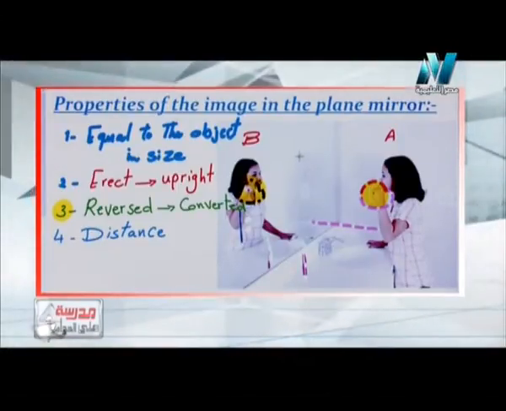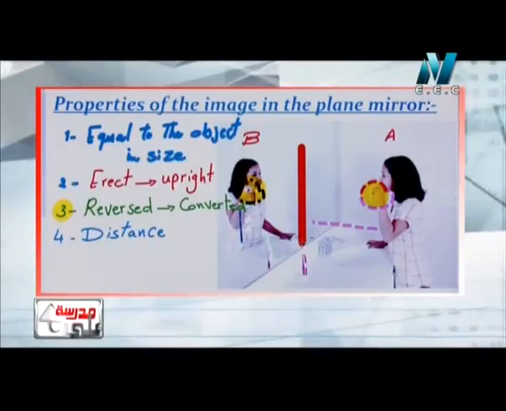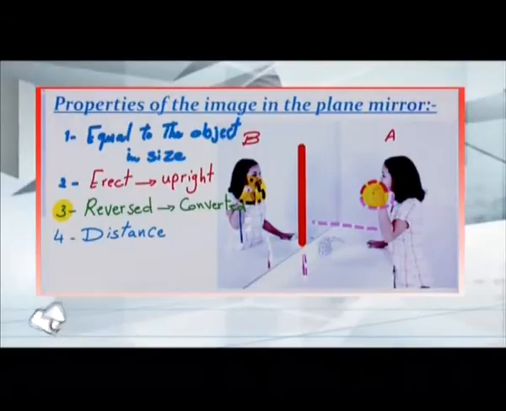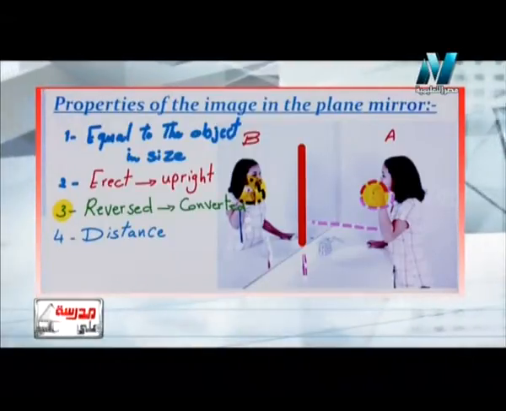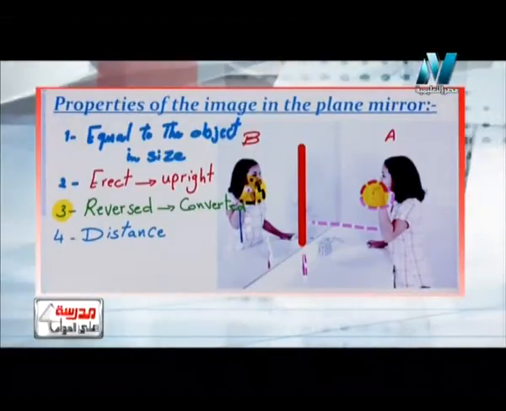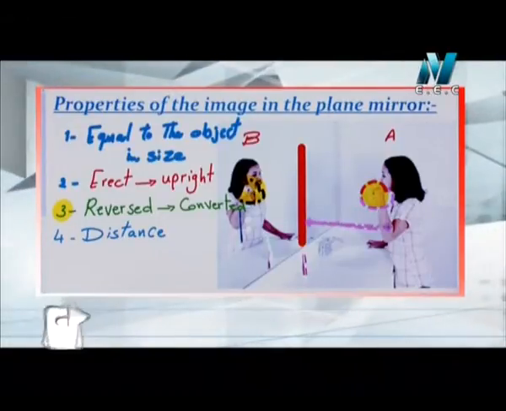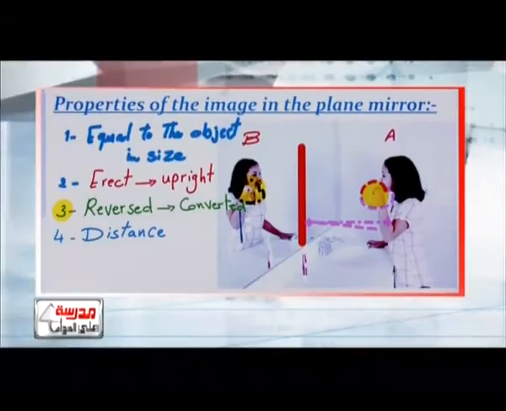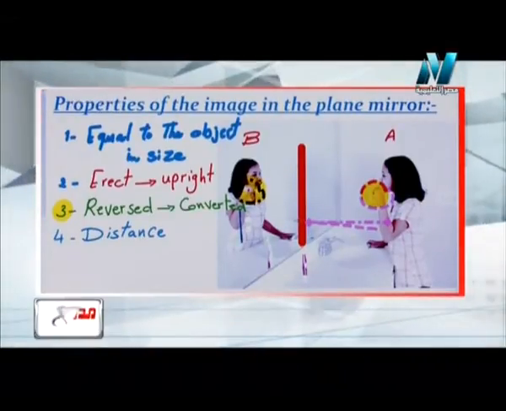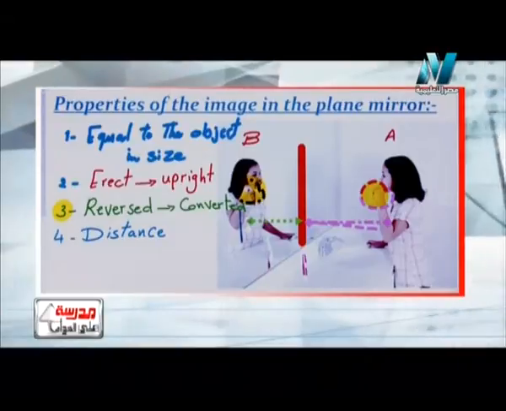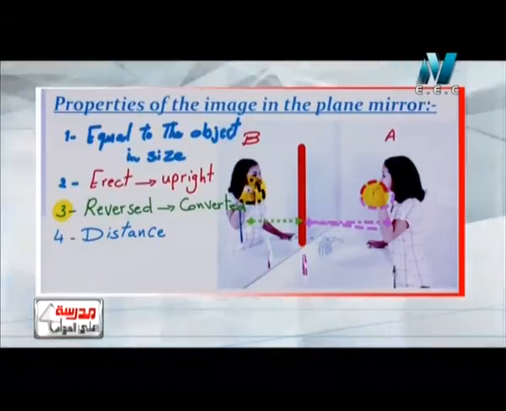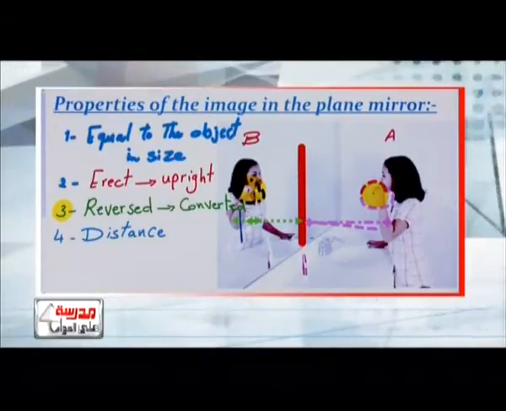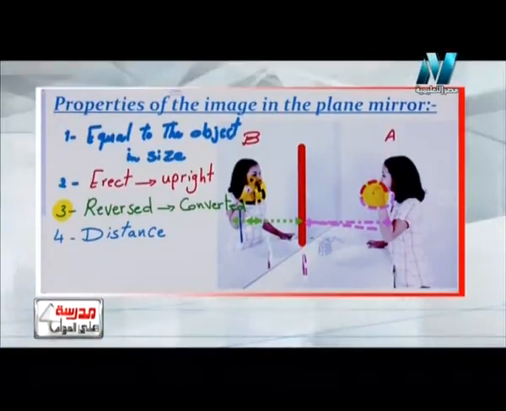If we draw a perpendicular line, this distance equals this distance. So the distance between the object and the mirror equals the distance between the image and the mirror.